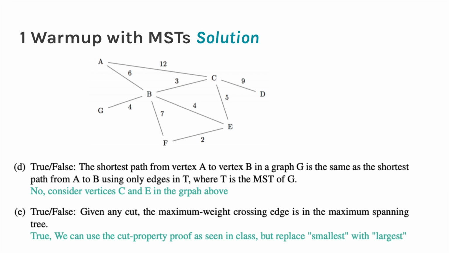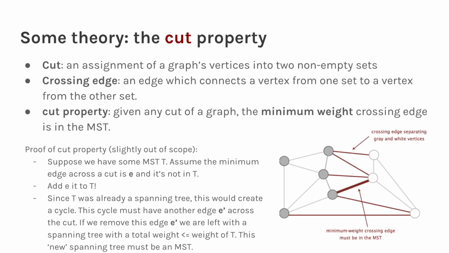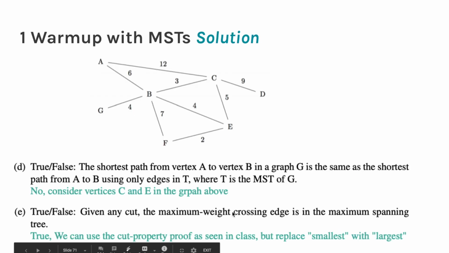You just replace smallest with largest in your proof. I'm not going to go through this all again, but this was the cut property. If you're trying to find the maximum spanning tree, you'd add the maximum edge across the cut, and this exact logic applies, you just replace minimum with maximum, and the logic follows closely.